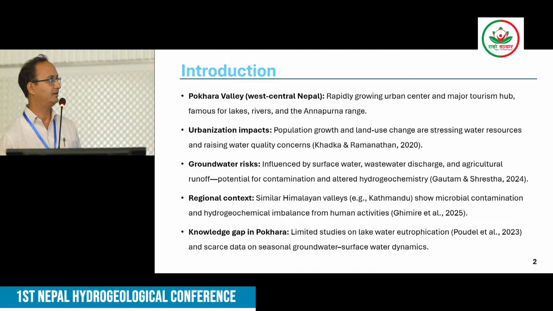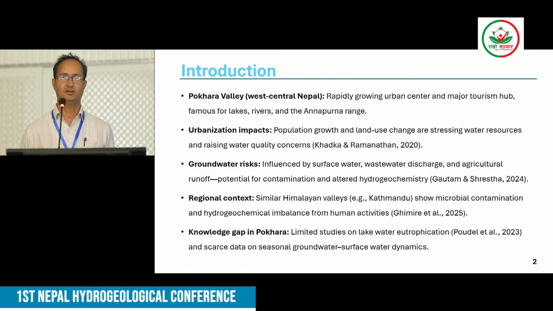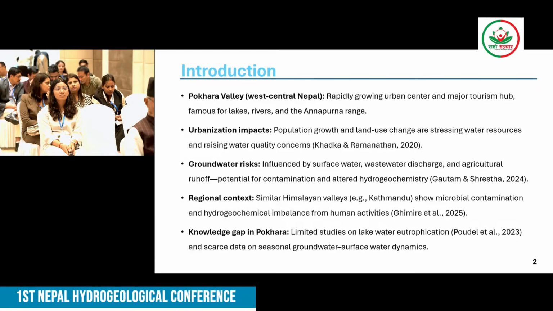And with this, there is growing contamination and there are environmental issues because of discharge of wastewater, dumping of waste, and all those things are increasing the pressure on the environment also.